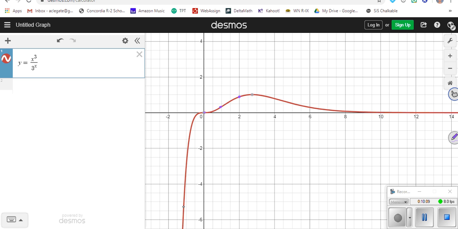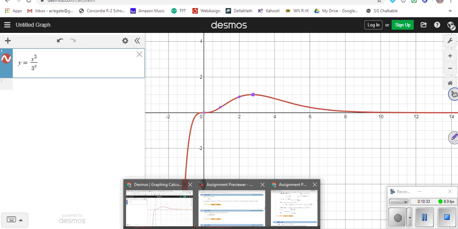And then when I put in a 3, I actually equaled 1, right? 27 over 27. And then as I kept going, my fraction got closer and closer to 0. So one of the quick ways you can visualize and help you understand limits is to graph the function, okay? So just kind of wanted to point that out visually.